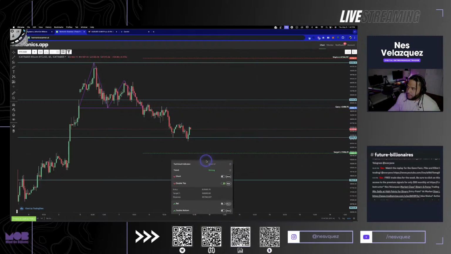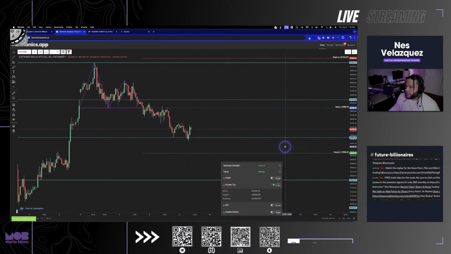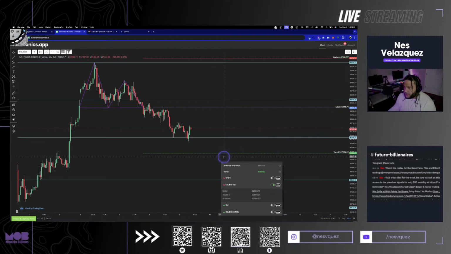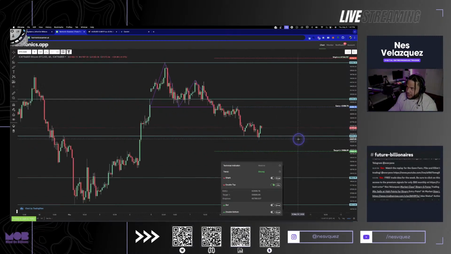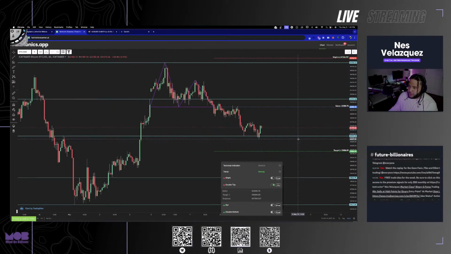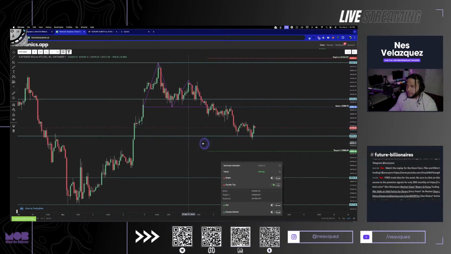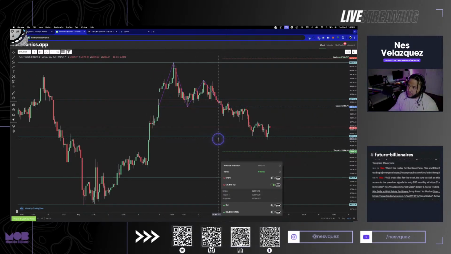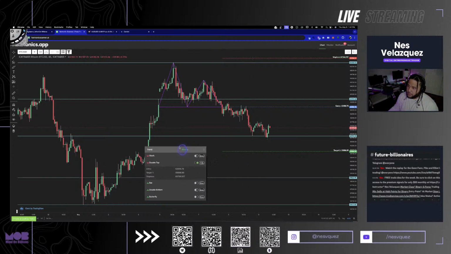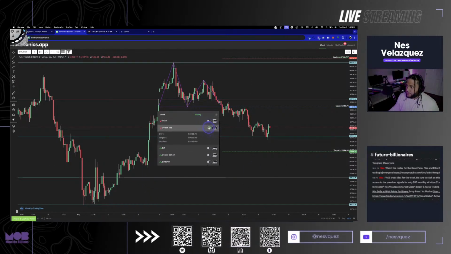So that's with double tops and double bottoms. That is basically candle patterns continued. Double tops, double bottoms. There are more, but let's talk about harmonic patterns. So let me take this off.